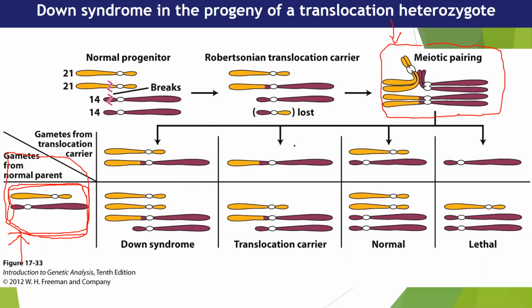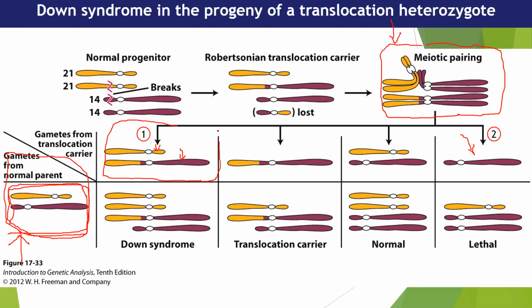Okay, so first, the normal 21 comes together with the translocation chromosome. On the other hand, the other gamete will only have chromosome 14, right? All right, so this is one possibility. Let's look at here.